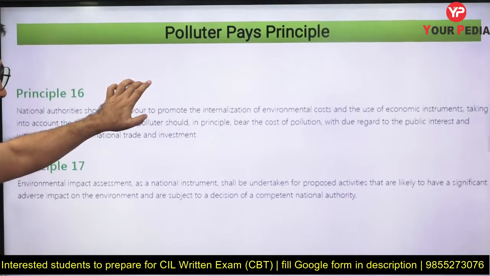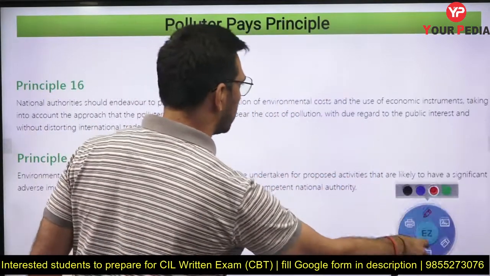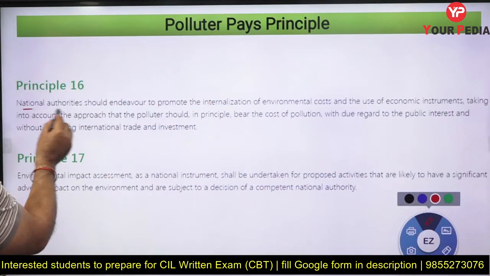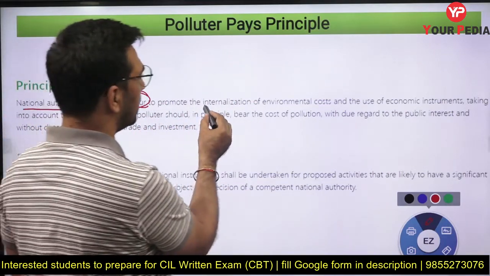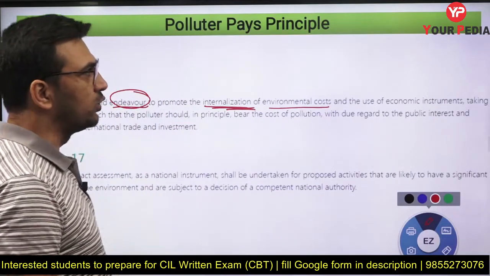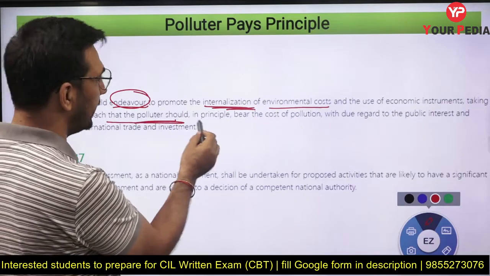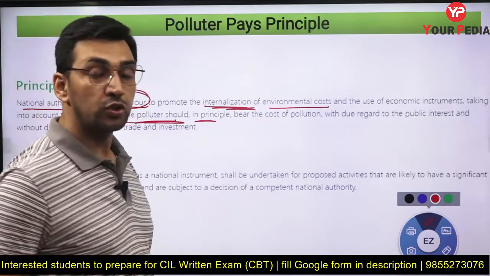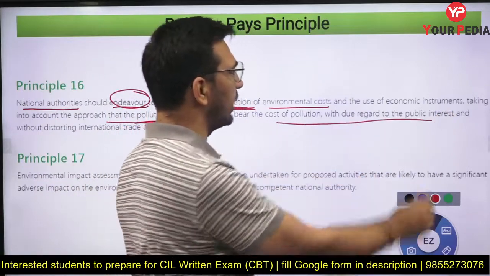So in Principle 16, see what they are mentioning, the same thing we discussed: that national authorities should endeavor to promote the internalization of environmental costs and the use of economic instruments, taking into account the approach that the polluter should in principle be made responsible for that pollution and should bear the cost of pollution, with due regard to the public interest.